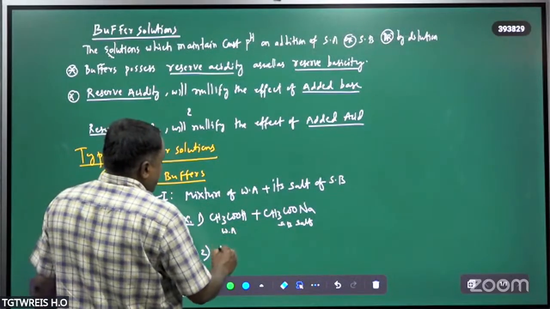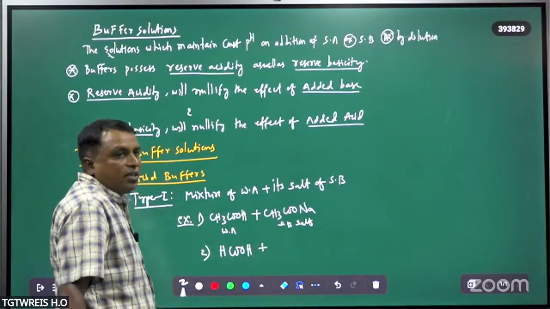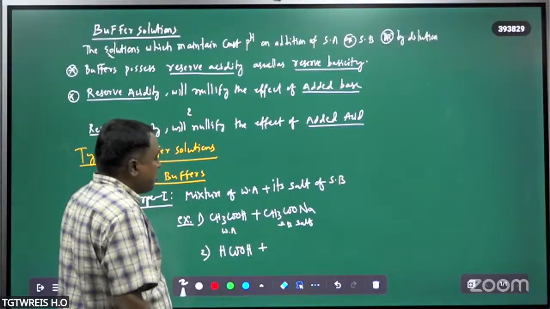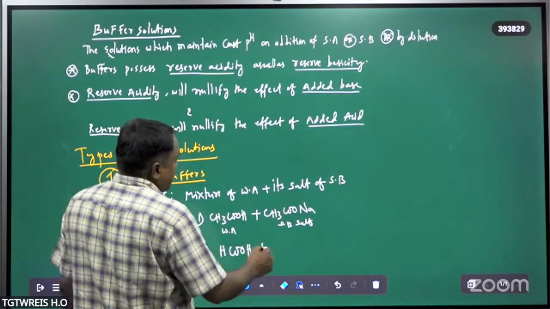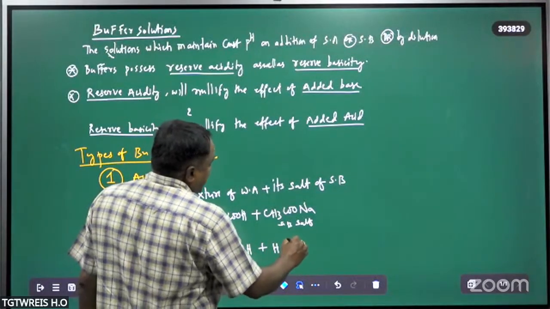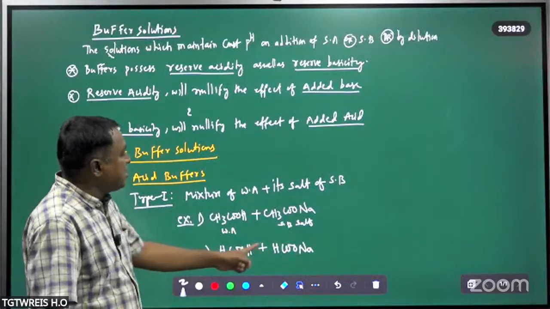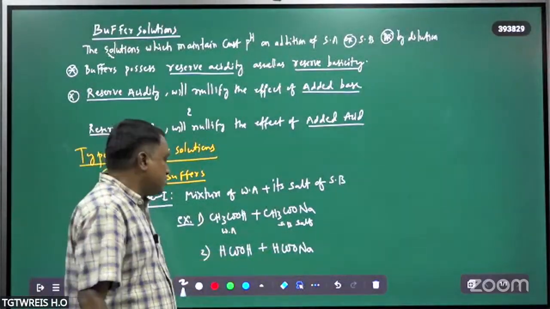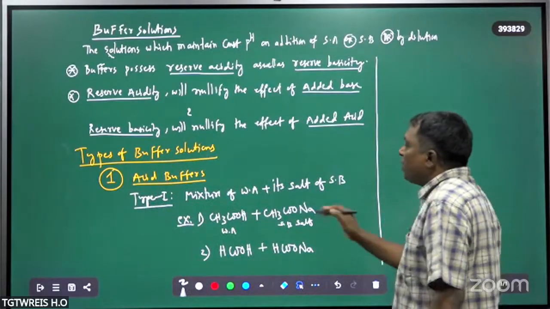Suppose HCOOH, this is again a weak acid, an organic acid, weak compared to general acids like HCl, H2SO4, etc. HCOOH is the weak acid and its salt is HCOONa. So it is also a combination of weak acid and its salt of strong base. Therefore, it is also an example of acid buffer type 1.